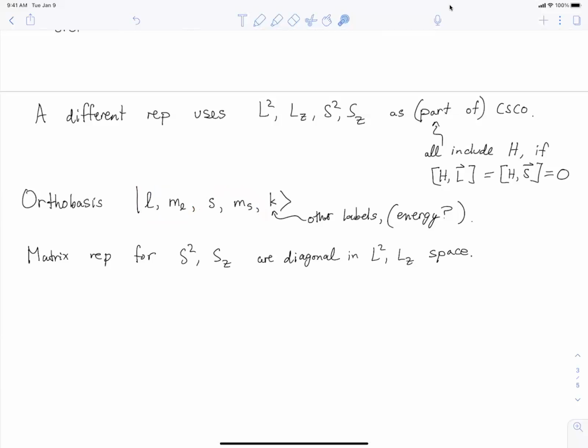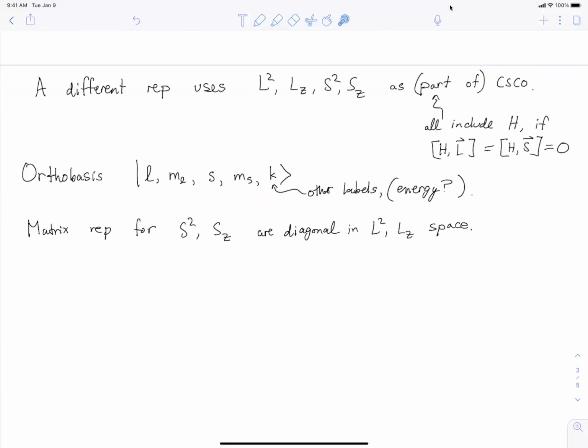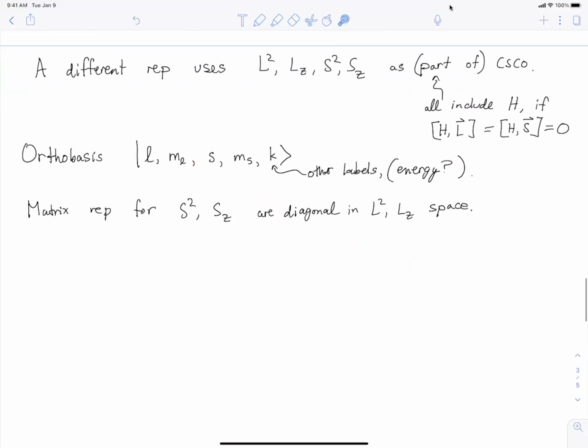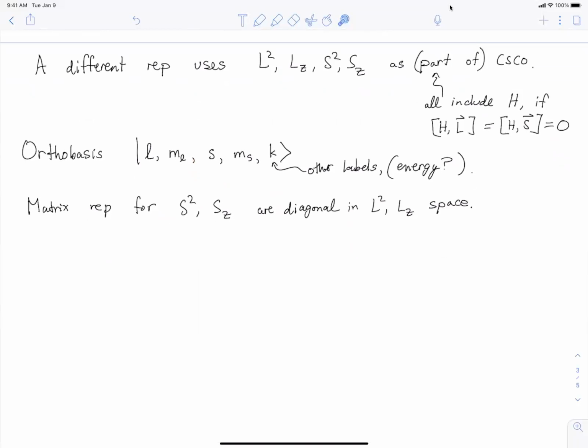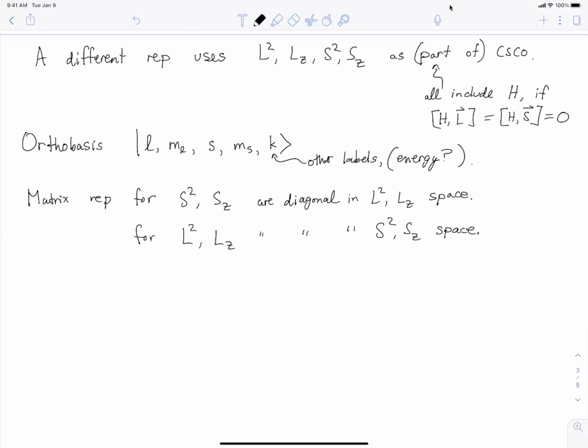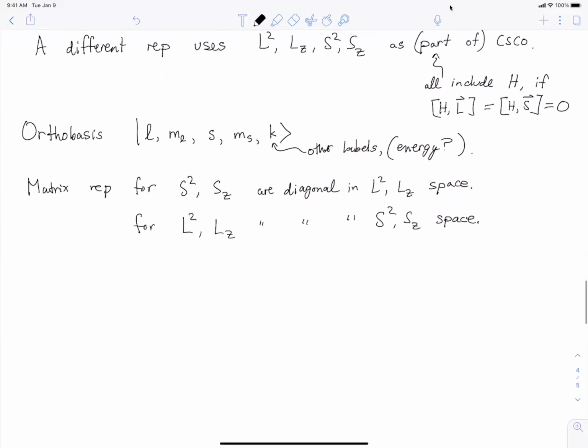And so now you can construct a big matrix representation for this orthobasis. And the same thing in converse for L squared and LZ. They are diagonal in the S squared SZ space. Okay, and so one can write matrix representations for these, although one often just works directly with the kets and bras.